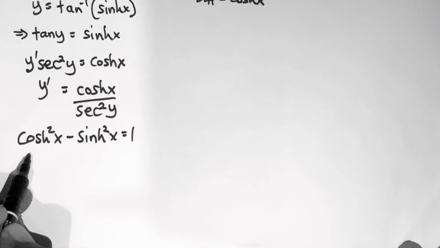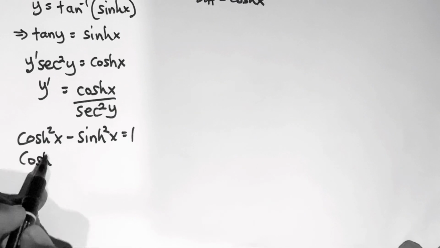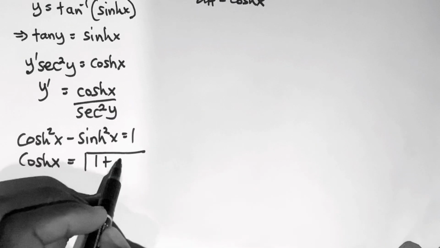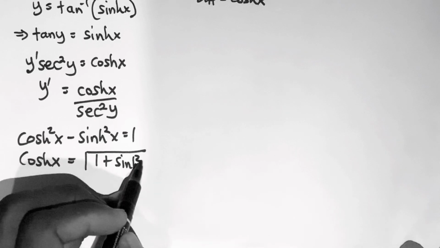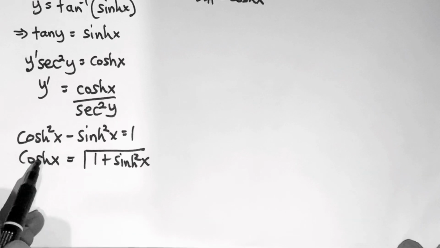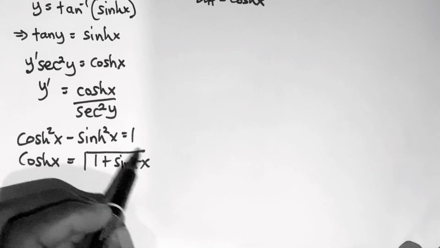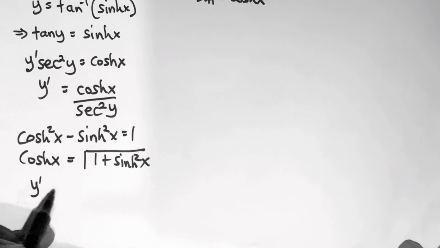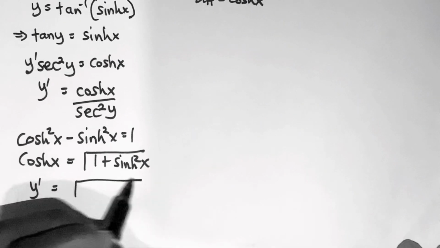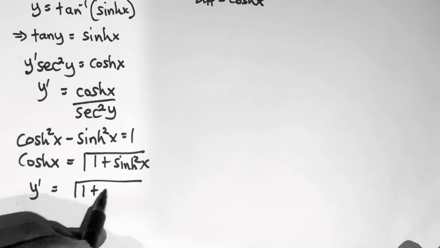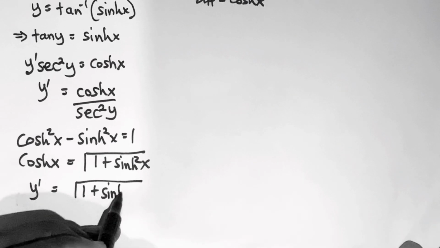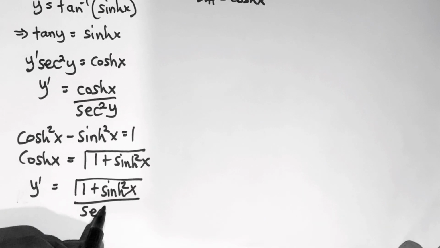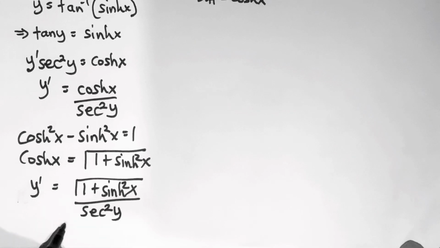So this implies that cosh x is equal to square root of 1 plus hyperbolic sine squared x. So y prime is equal to square root of 1 plus hyperbolic sine squared x divided by sec squared y.